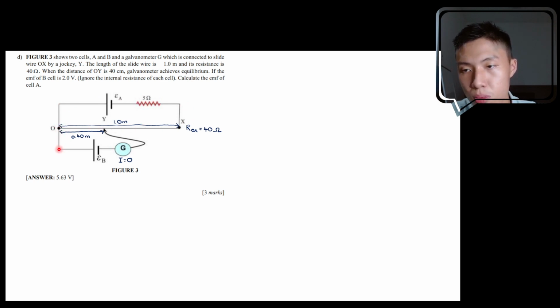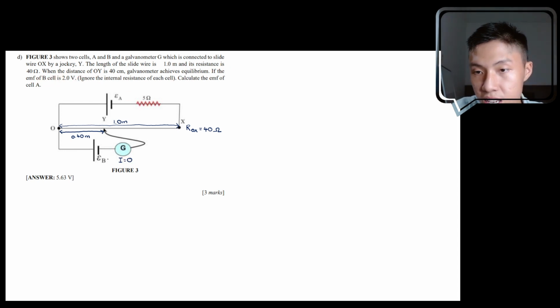Because here you want to make sure the current is 0, because this is what happens when the galvanometer shows 0 deflection. They say the EMF of B cell is 2 volt, which means that here you can write equals 2 volt. Now they ask you to find EMF A, which is this one over here.